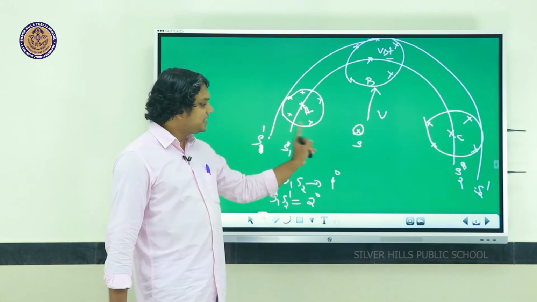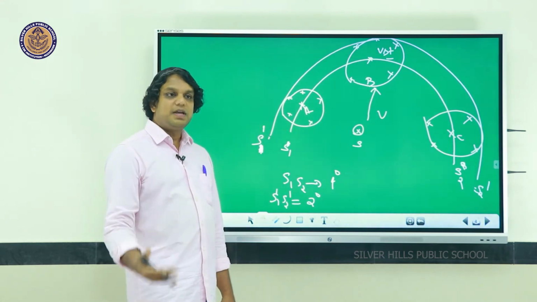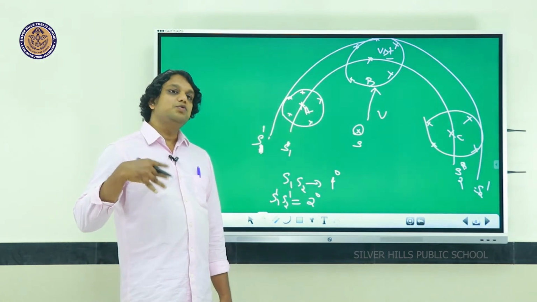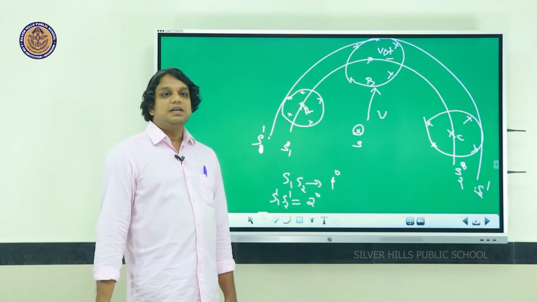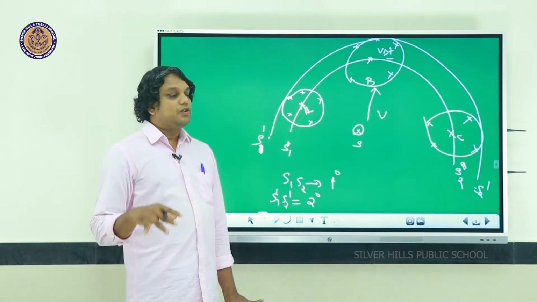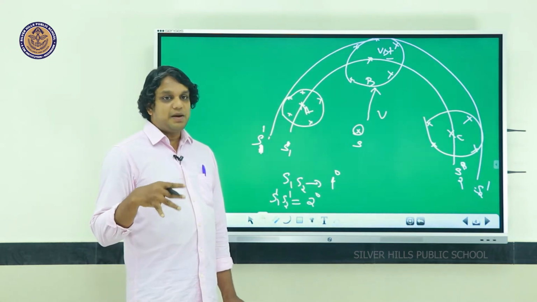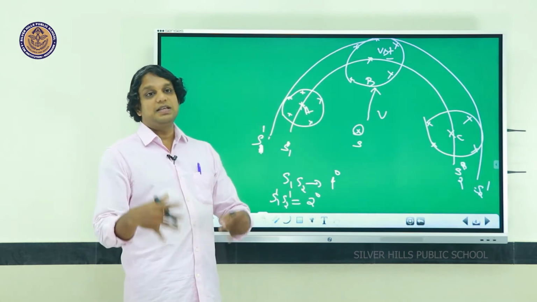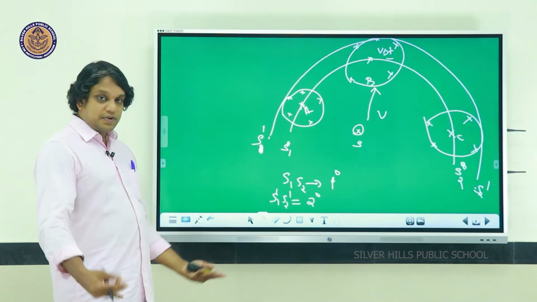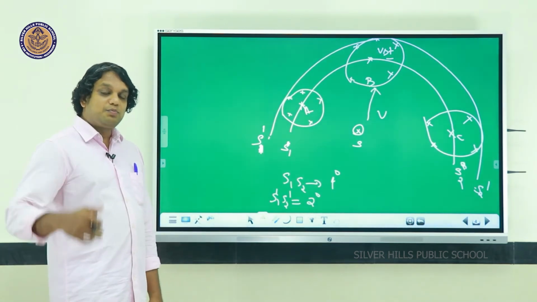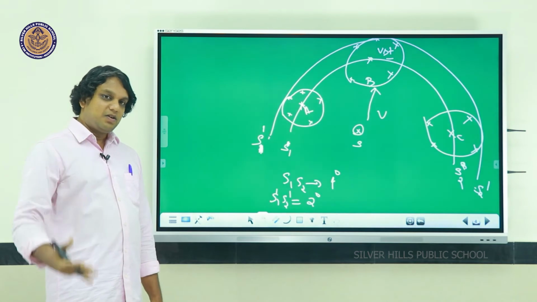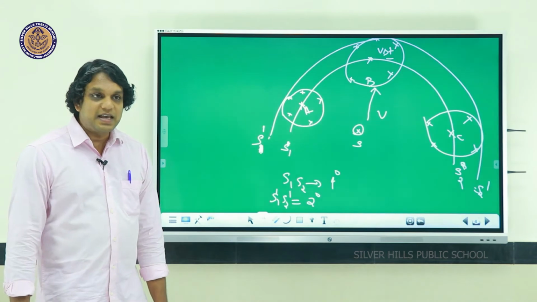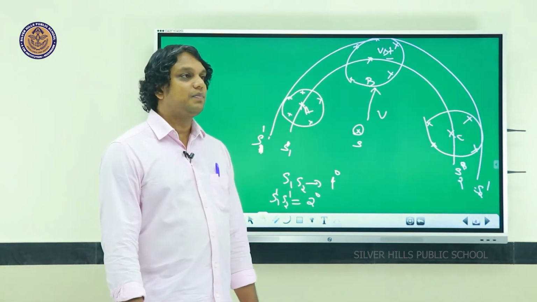So, the concept of the propagation of light in a medium as told by Christian Huygens can be used to analyze the propagation of light, and by using that we should be able to explain all other phenomena exhibited by light, then only that theory will be a successful one. So, if we apply Huygens theory, we are able to explain all other phenomena satisfactorily. In that sense, Huygens theory is a successful theory.